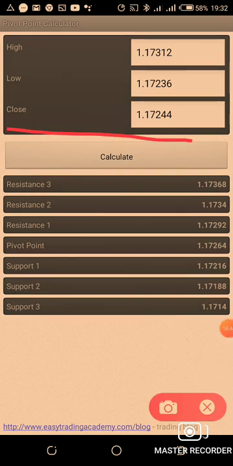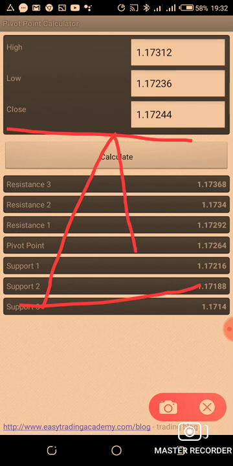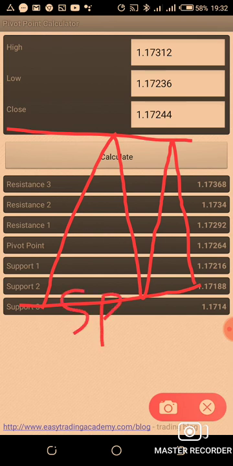The market may move up like this, bam, it fails to cross that point and comes back again. It goes back again, comes back again. So this line here is the support, while the upper one here is the resistance. Can you hear what I'm saying?